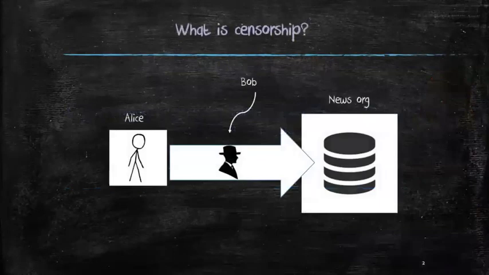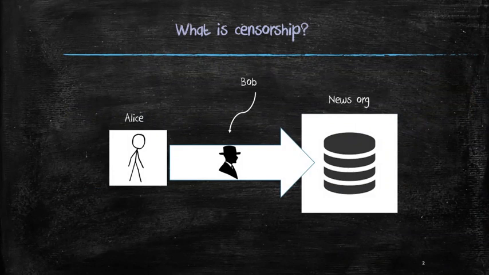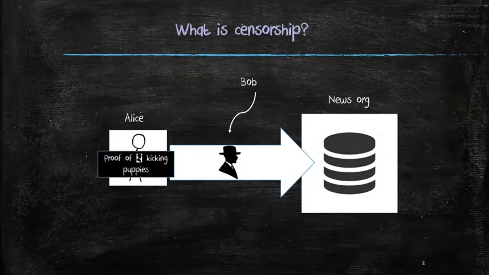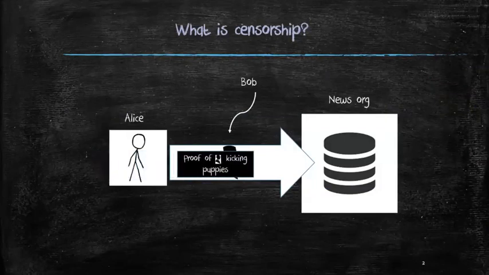So I'll illustrate what censorship is using this example over here. Alice here is a new journalist working for this news organization, and Bob is an entity that can coerce the news organization to take down content. Alice one day discovers evidence of Bob kicking puppies and wants to make this public and expose Bob for the puppy kicker that he is, and tries to publish that on her news website.